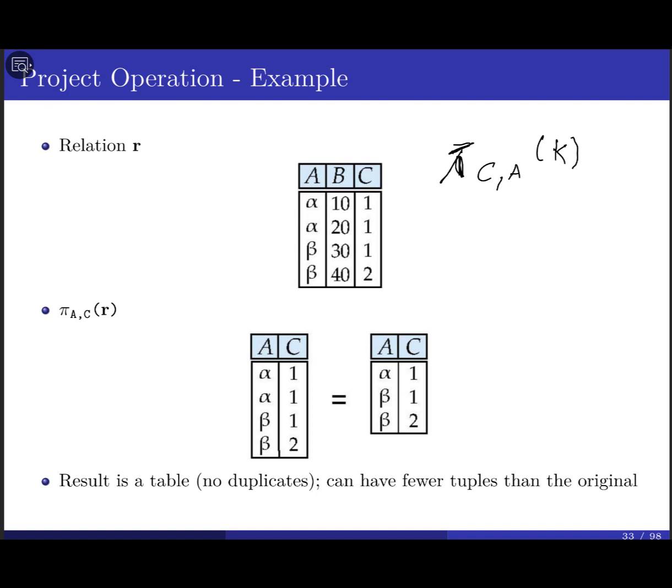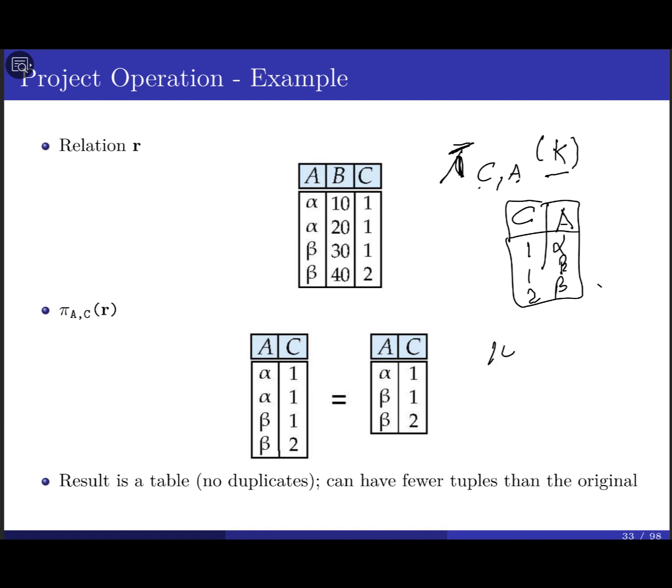So it takes the relation R, then puts column C first, then column A second. The result is going to be C and A, with values 1, 1, 2, alpha, beta, beta.